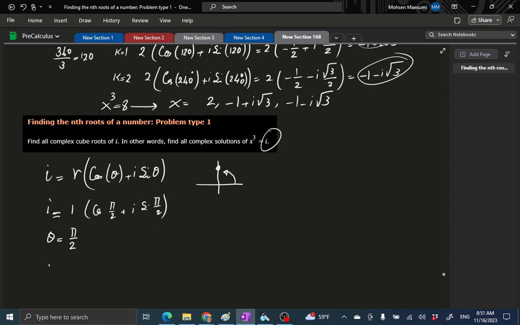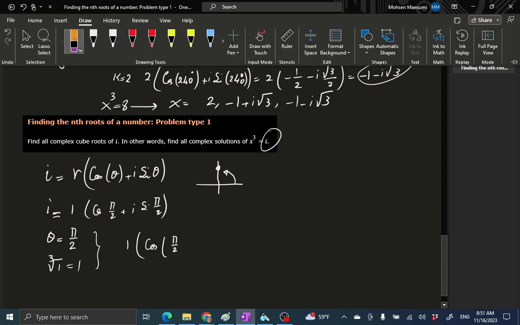Cube root of 1 is just 1. So if we go ahead, write 1 times cosine of that base angle pi over 2, and I forgot that, well, need to go back a little bit and correct myself.